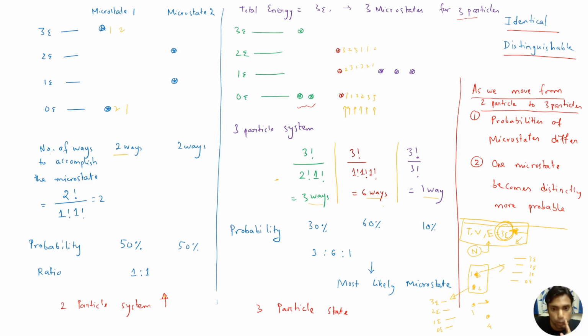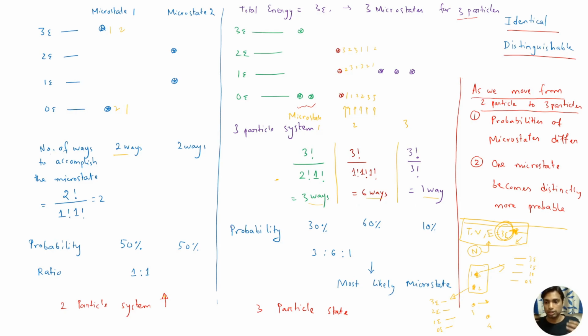When we have three particles, let's say these are microstate 1, 2 and 3. Microstate 2 can be attained in 6 ways, whereas microstates 1 and 3 can be attained in 3 ways and 1 way.